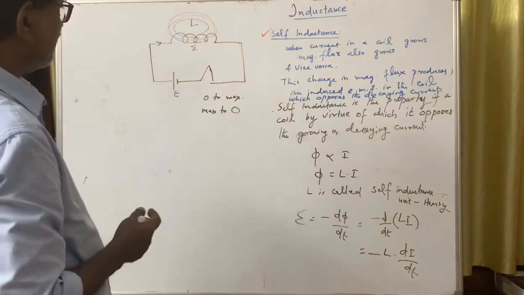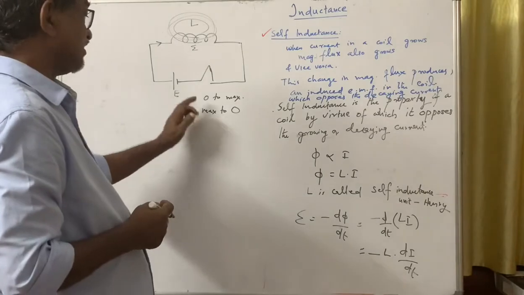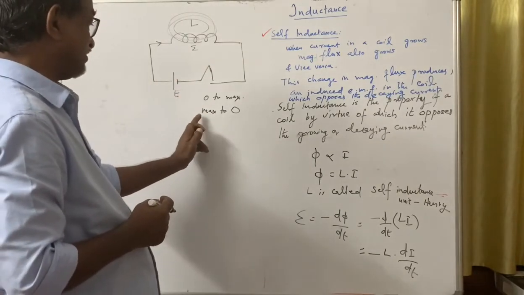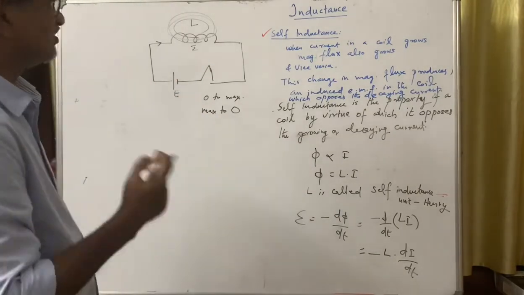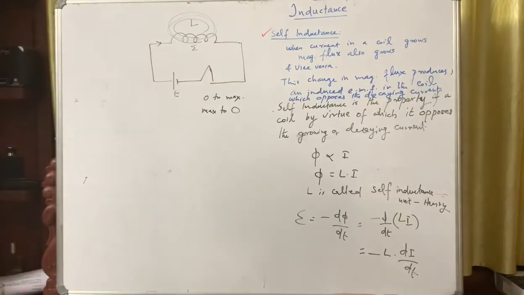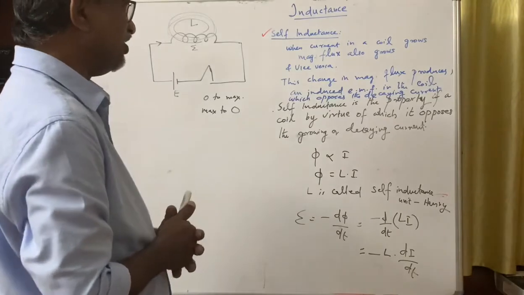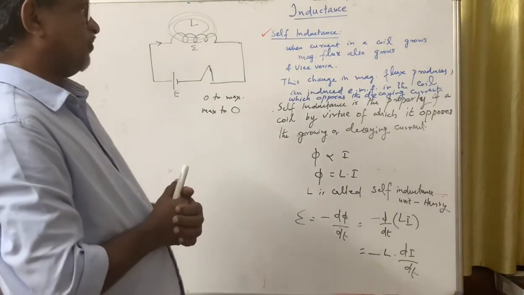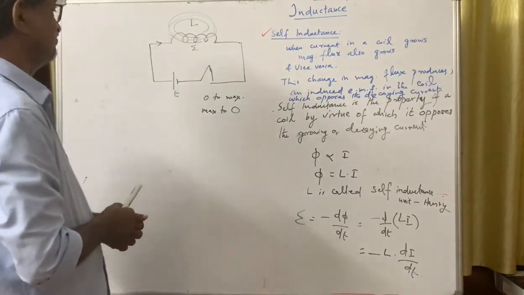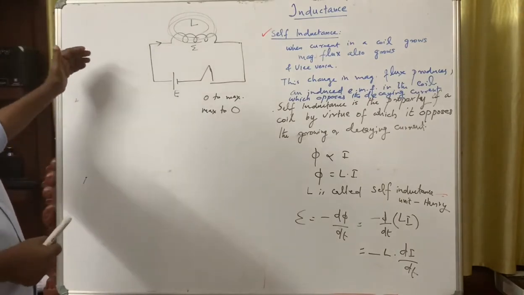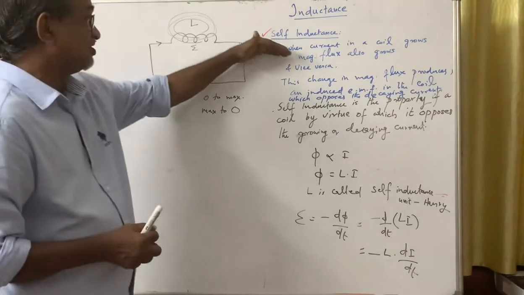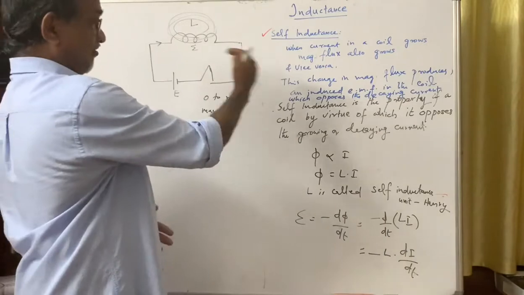And when current decreases from maximum to 0, the flux also decreases. This change in magnetic flux produces an induced EMF in the coil, which opposes the decaying current. If the decaying current is in this direction, induced EMF will be in the opposite direction.